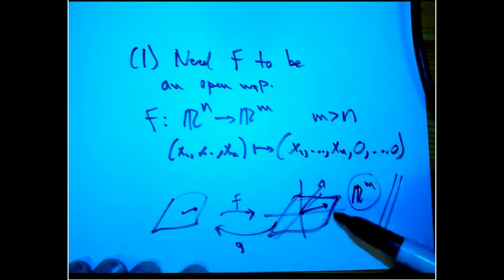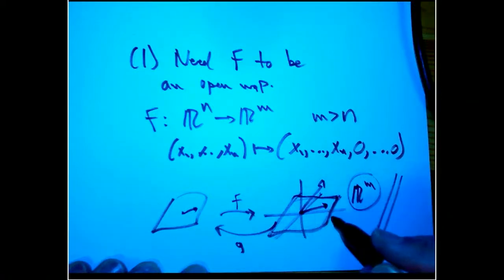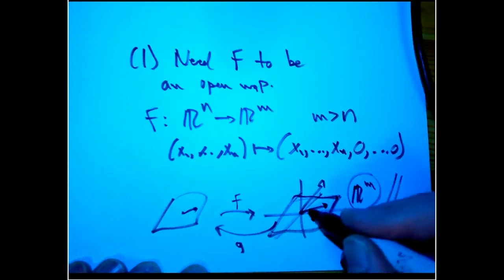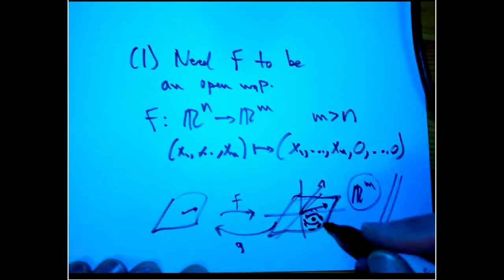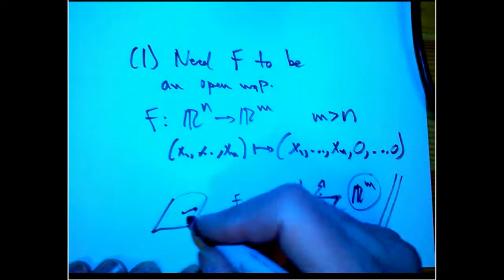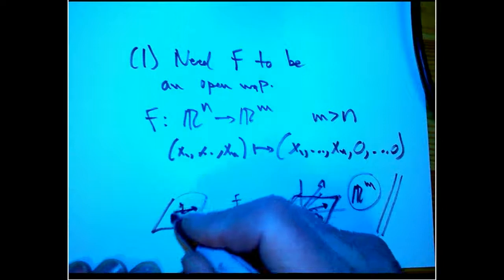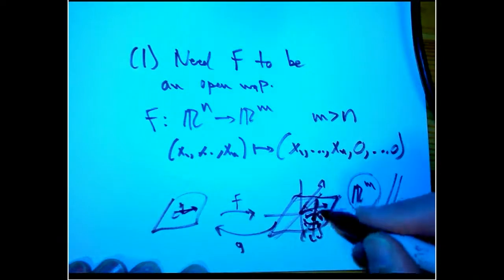And what's missing here is the openness. The image of this guy is not an open set. The xy plane in R3 is totally not an open set. If I take a dot here, I take a three-dimensional ball around that, it totally pops out of the xy plane. Or another way to say it is that there's no way to vary the input here so that the output varies in these directions outside the xy plane.